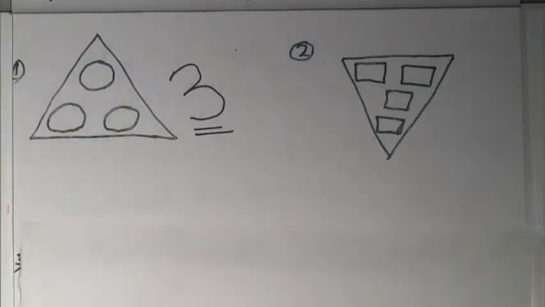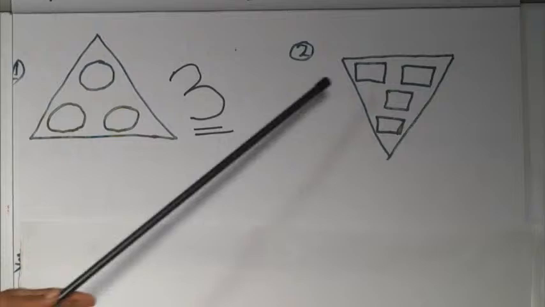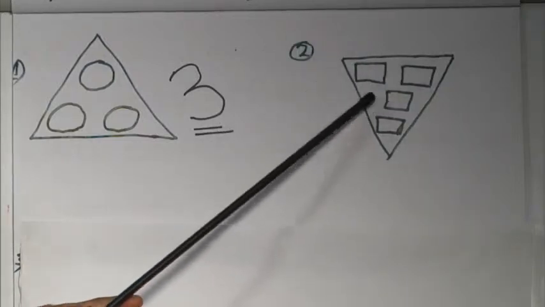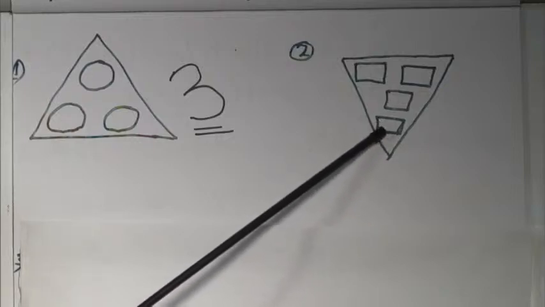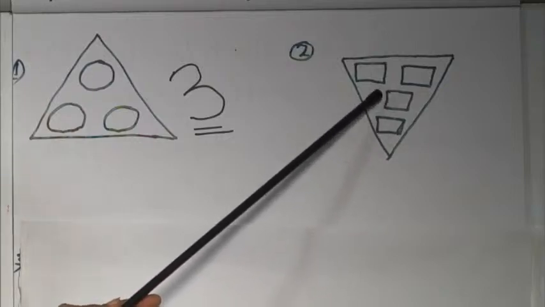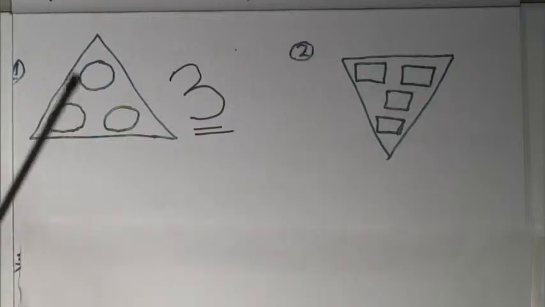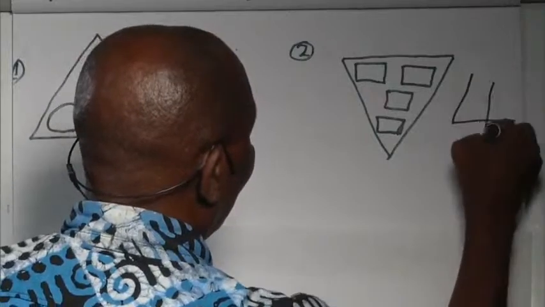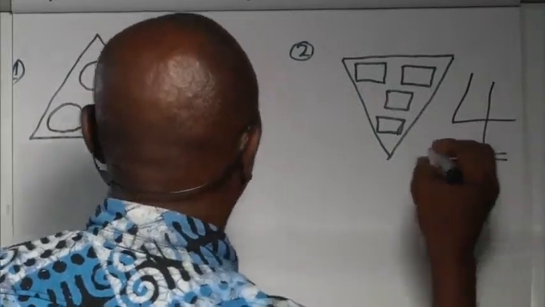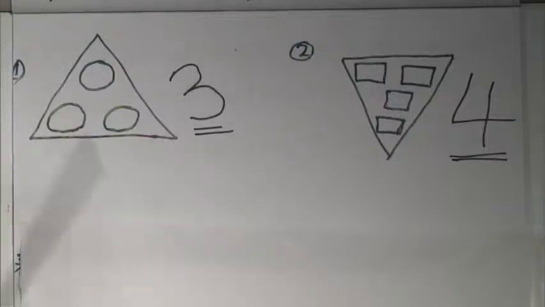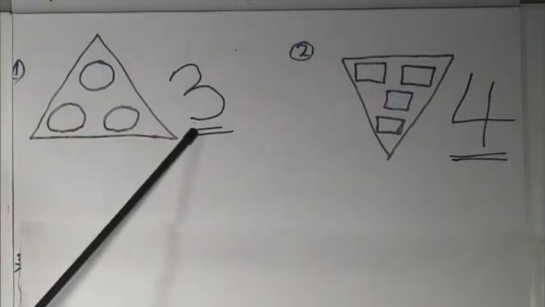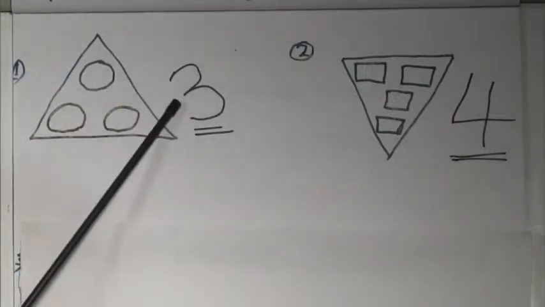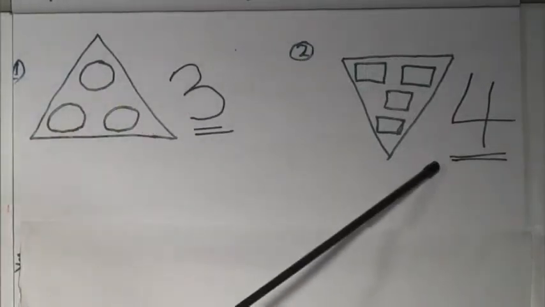Let's go to diagram 2. 1, 2, 3, 4. How many elements? 4. You have 3 members here, 4 there. So 3 is a cardinal number. 4 is also a cardinal number.